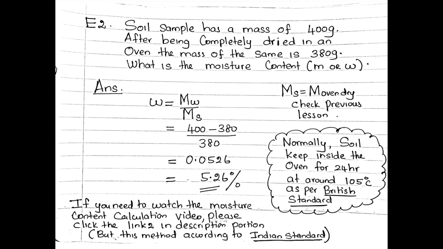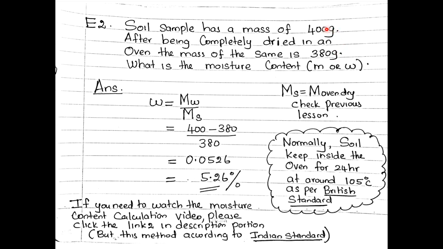Example 2. Soil sample has a mass of 400 gram. After being completely dry in an oven, the mass of the sample is 380 gram.